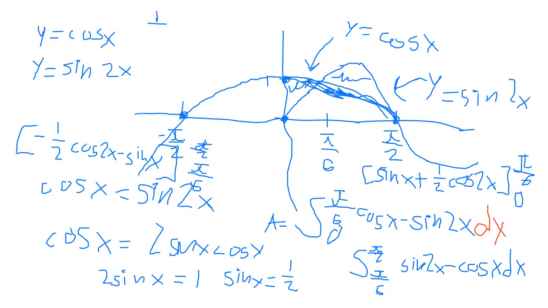If we were to just plug in all the values, you would have your half plus 1/4. And then we would have your minus 0 minus half. And then plus half minus 1 plus 1/4.